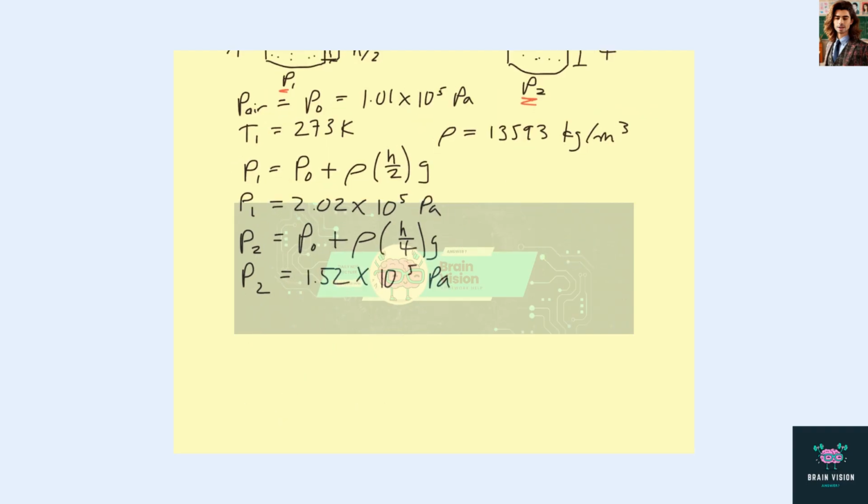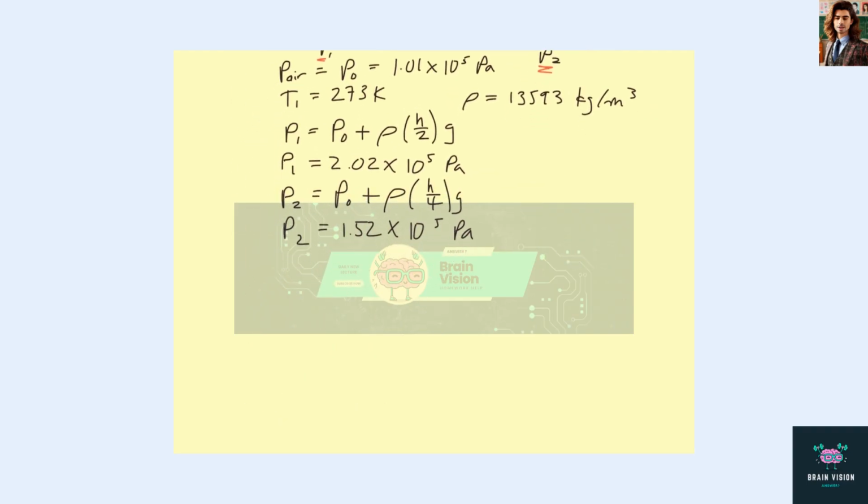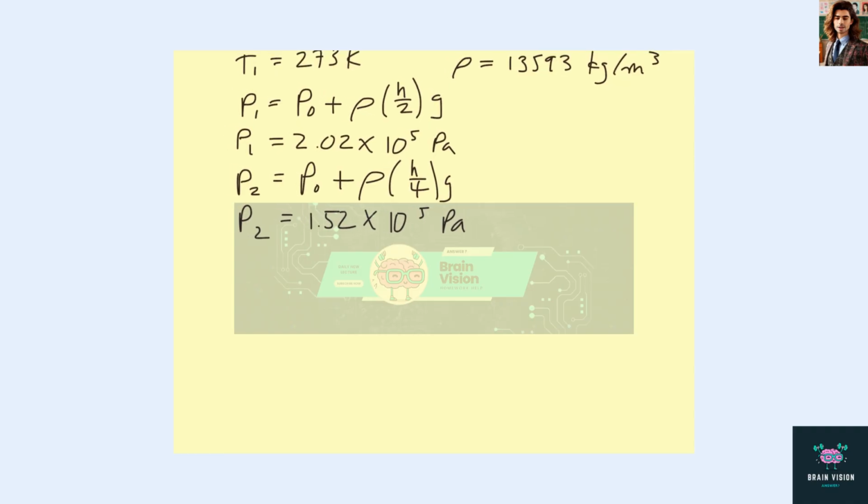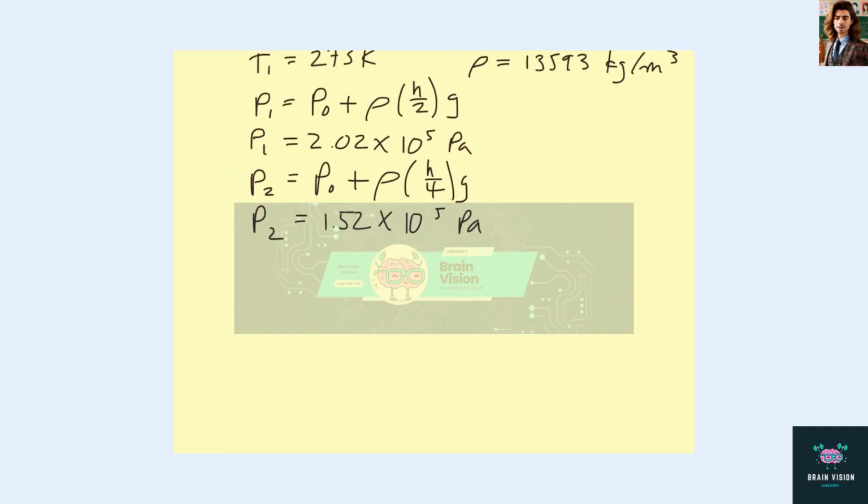Now, if we want to find our temperature after half the liquid mercury flows out, we can turn to the ideal gas law, right? So PV is equal to nRT. Let's put numbers on this one so we make it clear which case we're talking about.